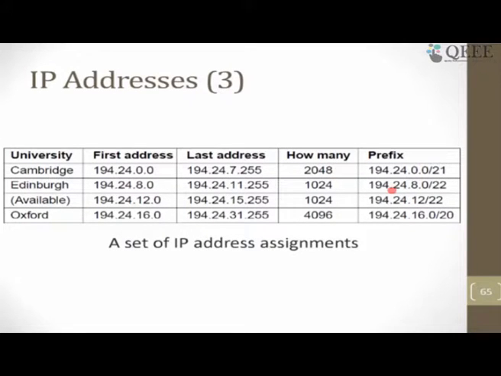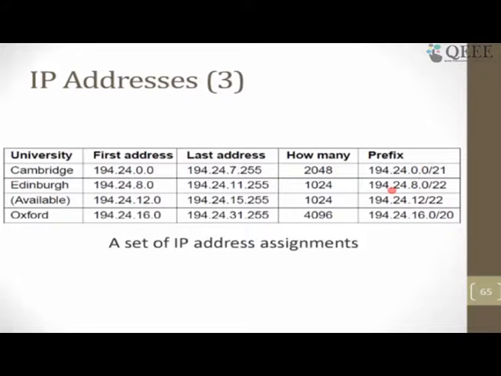So now see this, we have 194.24.0.0 to 194.24.7.255. And when we do this, how many are there? There are 2048 addresses.